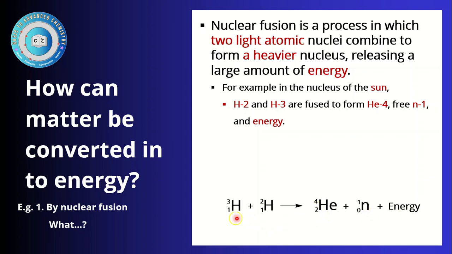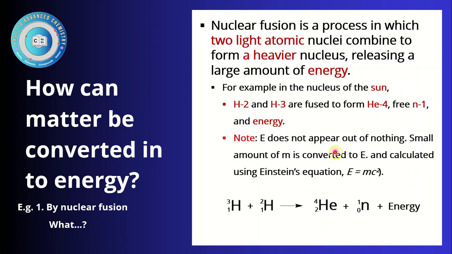So here we have 3 plus 2, 5 atomic mass. We have only 4 atomic mass. Based on conservation of mass, the mass of reactants must be equal to the mass of products. But here, one mass number is missing. So, what is happening in the nucleus of the Sun?